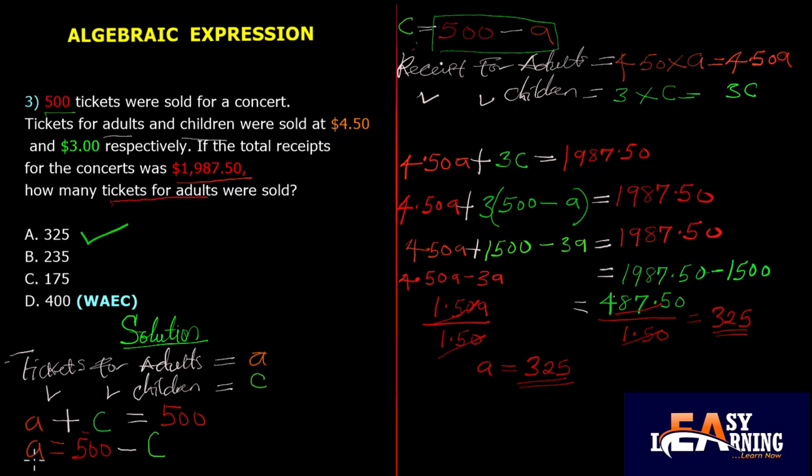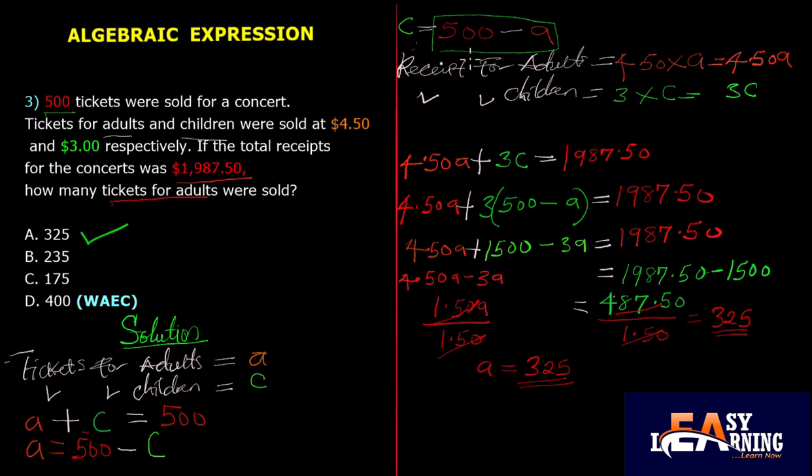And to know A, we simply subtract C from 500. Same thing for C, subtract A from the overall 500.